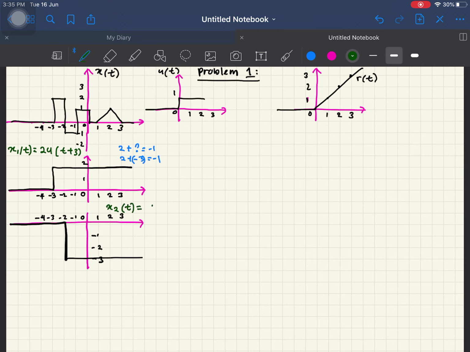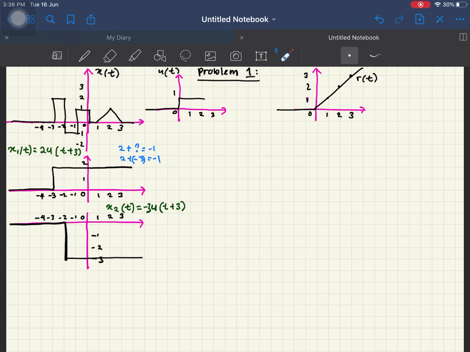It is a step signal that undergoes a time shift to the left by 3 seconds, so t plus 3, and the amplitude goes from positive 1 to minus 3. So you have an amplitude scale of minus 3.